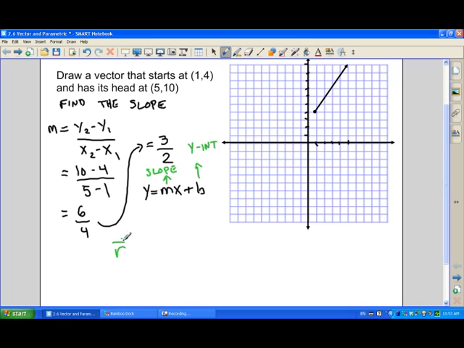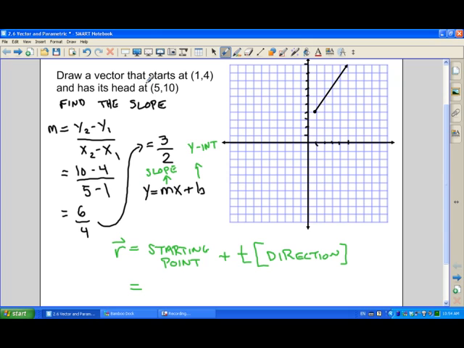We'll call that r, and that's going to be equal to some starting point plus a variable or a parameter, and we'll call that parameter t, times a direction. So what direction the vector is pointing in.